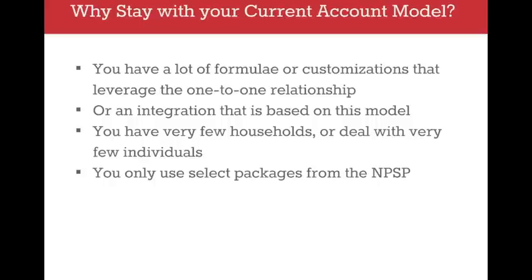It was very easy to pull information between contact and account because of that one-to-one relationship, and that's going to be trickier in the household model. You may have a very complicated integration set up to work with one-to-one accounts and contacts, and I hate the thought of even starting to unpick that.